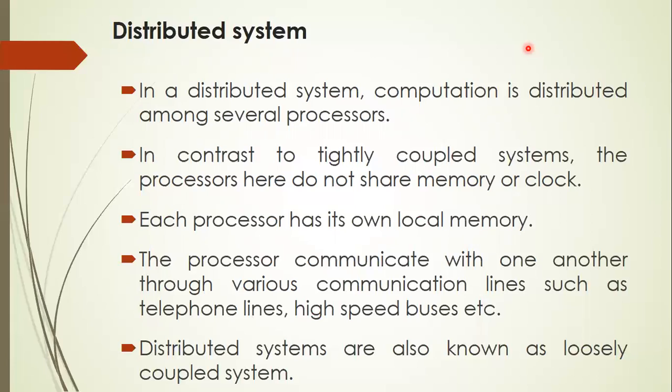Each processor has its own copy of the memory called local memory. The processors in a distributed system communicate with each other through different media like telephone line, high-speed buses, optical fiber, satellite, etc. A distributed system's other name is loosely coupled system, whereas the parallel system's other name is tightly coupled system.